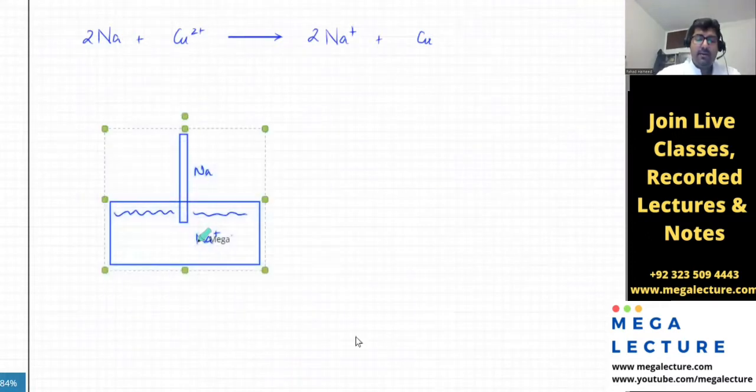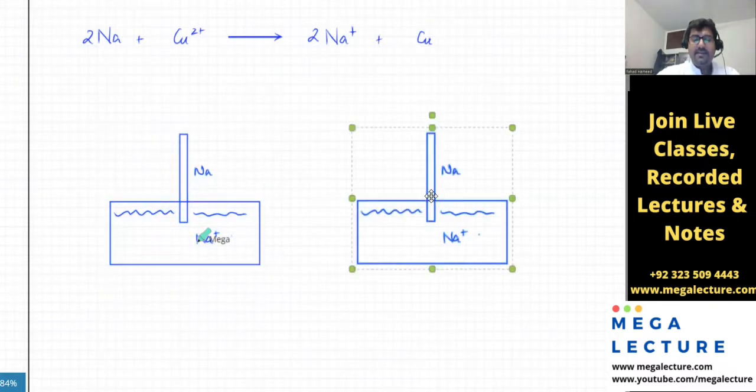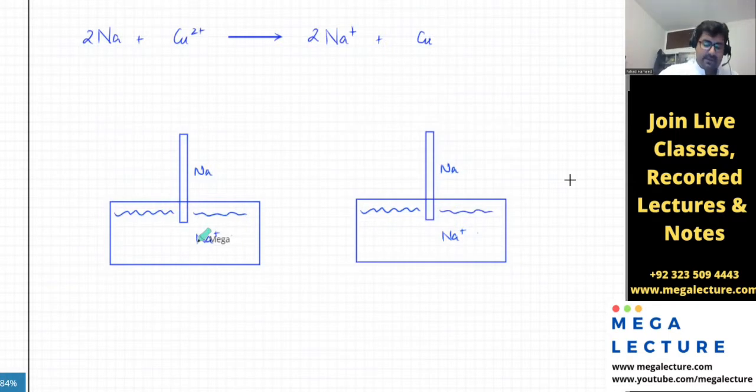Okay, remember, I already know the equation. I'm just trying to predict the equation by constructing an electrochemical cell. I've got this other one, which is going to be copper. So this is going to be my copper electrode, and there's going to be copper ions in the solution.